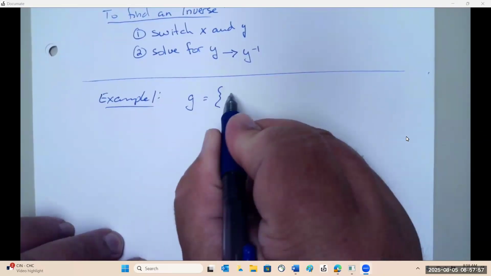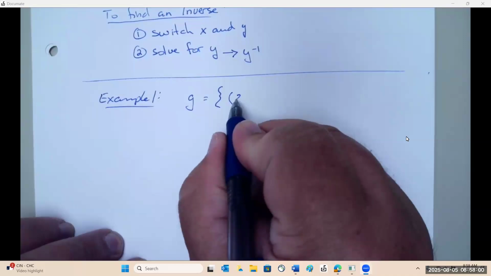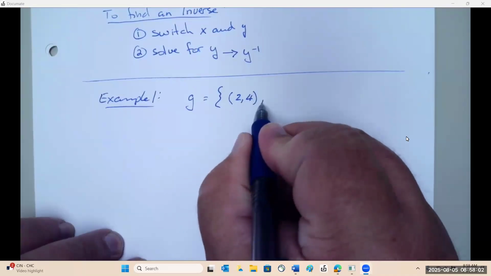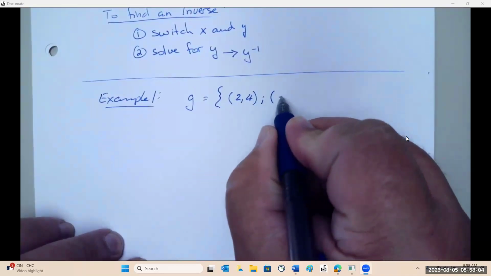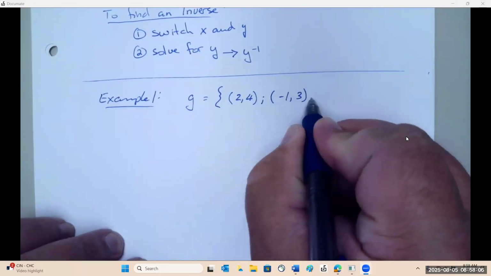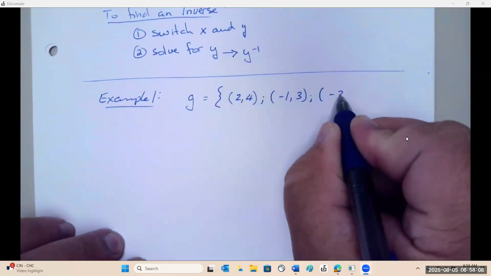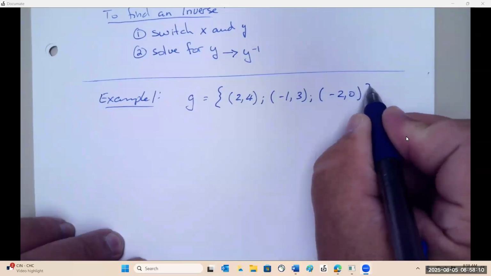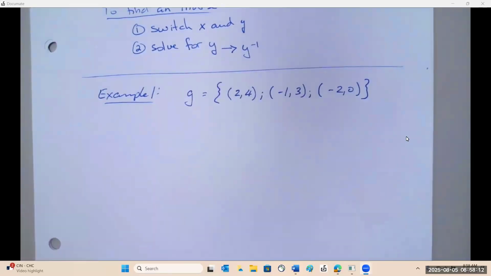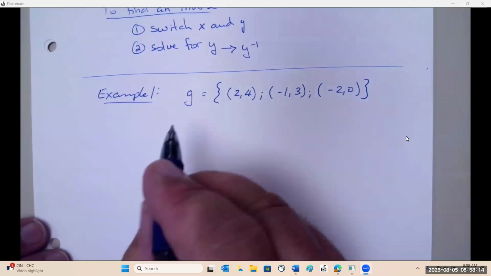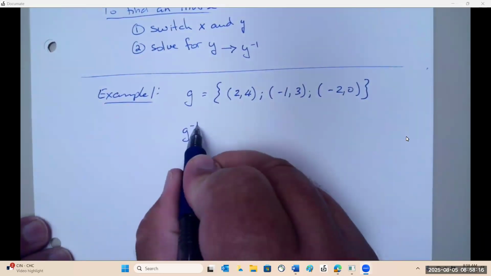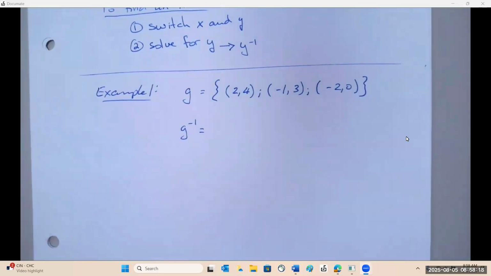G is a set consisting of these points. So tell me what G inverse would be.